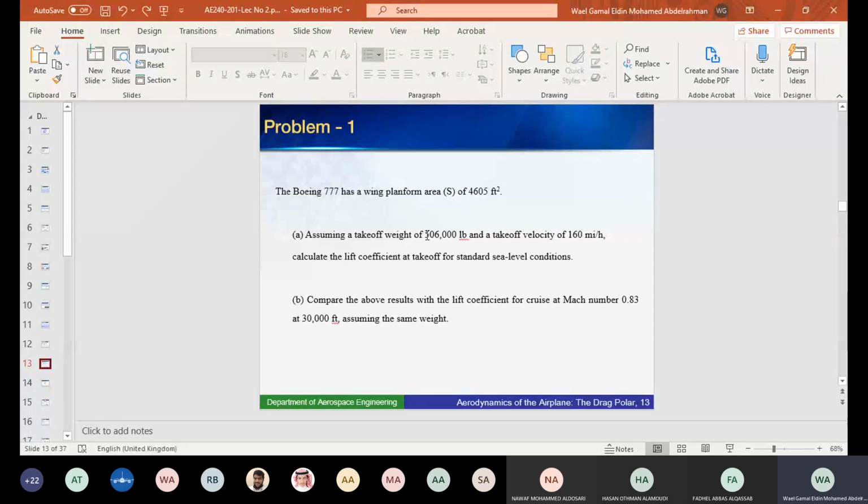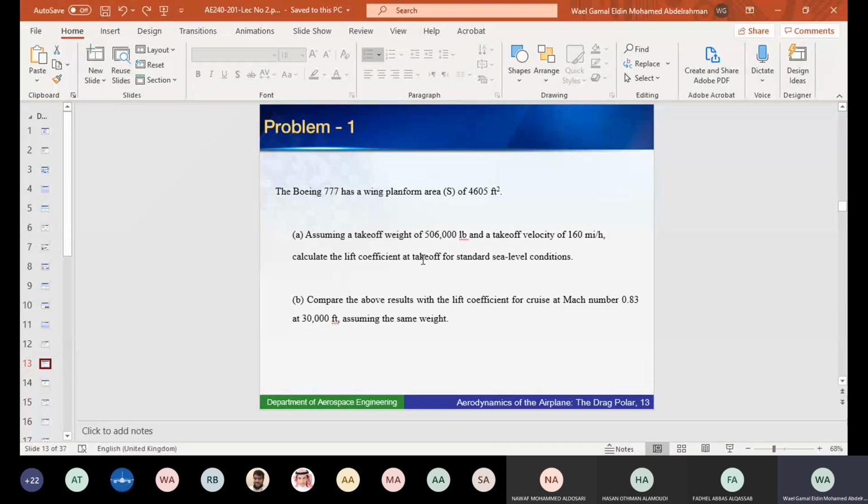Assuming that the takeoff weight of this aircraft is 506,000 pounds and the takeoff velocity is 160 miles per hour, calculate the lift coefficient at takeoff for standard sea level conditions.